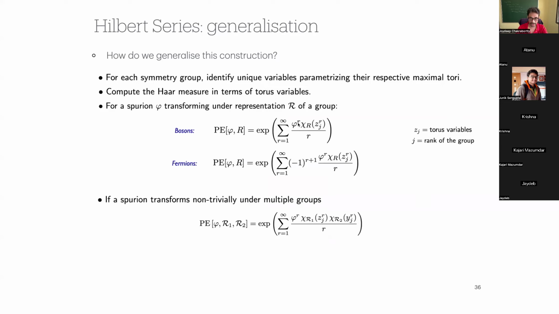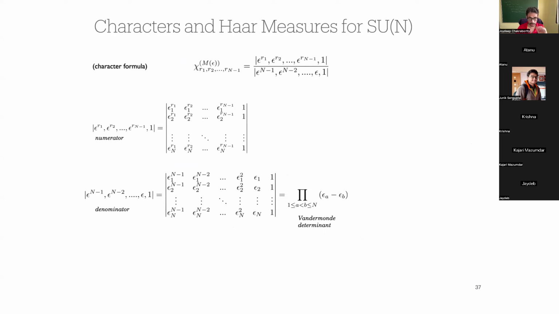You can see that these are the spurion fields that you throw in by hand, and this chi-R are the characters of those representations, right? So first you have to learn how you can compute this chi-R. This is the first thing that we need to learn.